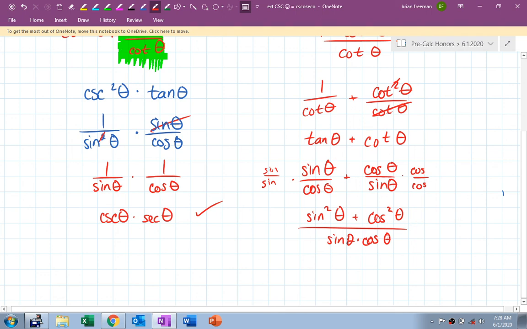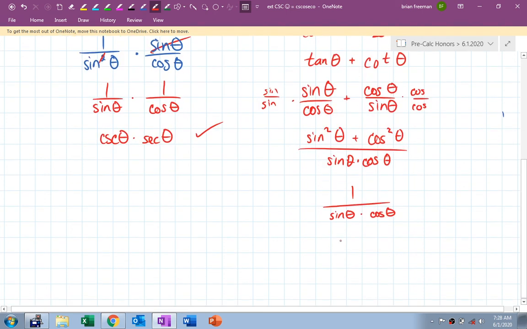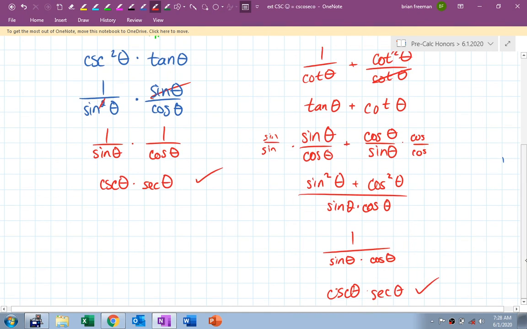Sine squared plus cosine squared is really just 1. Here's our answer. Because 1 over sine is cosecant, 1 over cosine is secant. So that works as well. That's just a whole extra way of doing it. But yeah, that's Pythagorean identity magic right there. I don't know what else to call it.